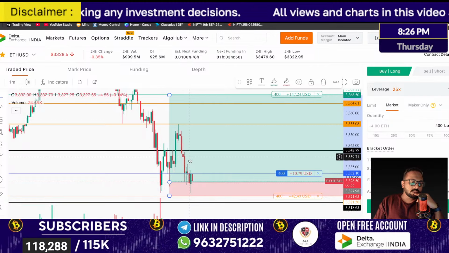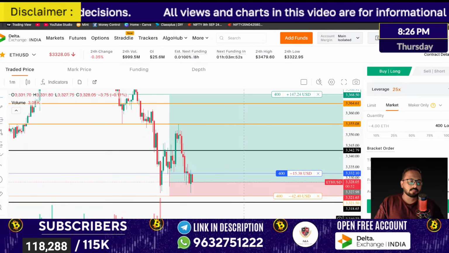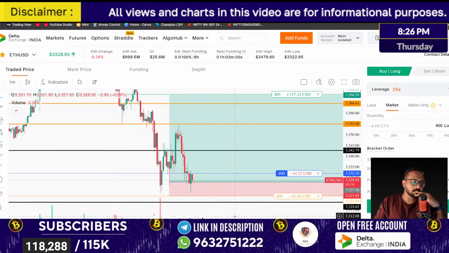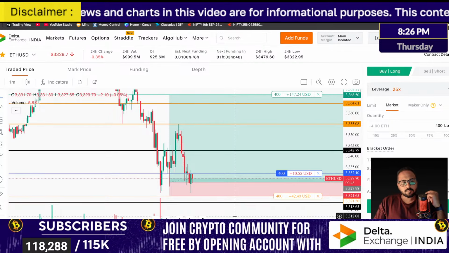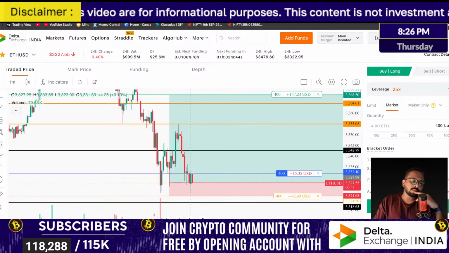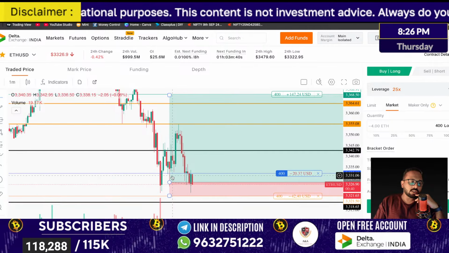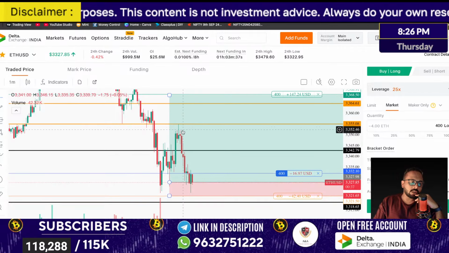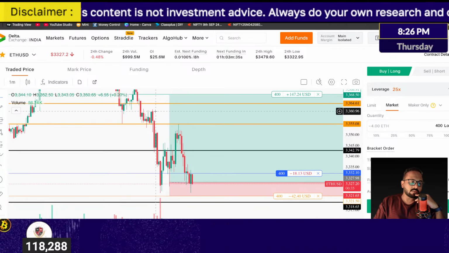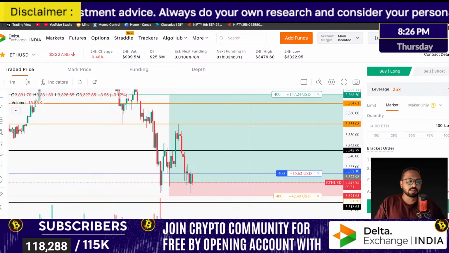As long as this seller doesn't give up, this setup is... That level and all, I already checked here, only I got the trade. It gave the movement. From there again we started getting pressure from the seller zone.